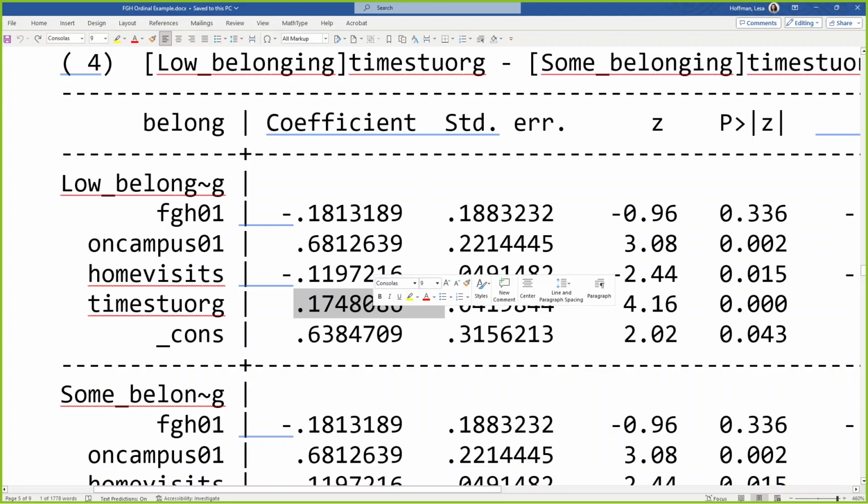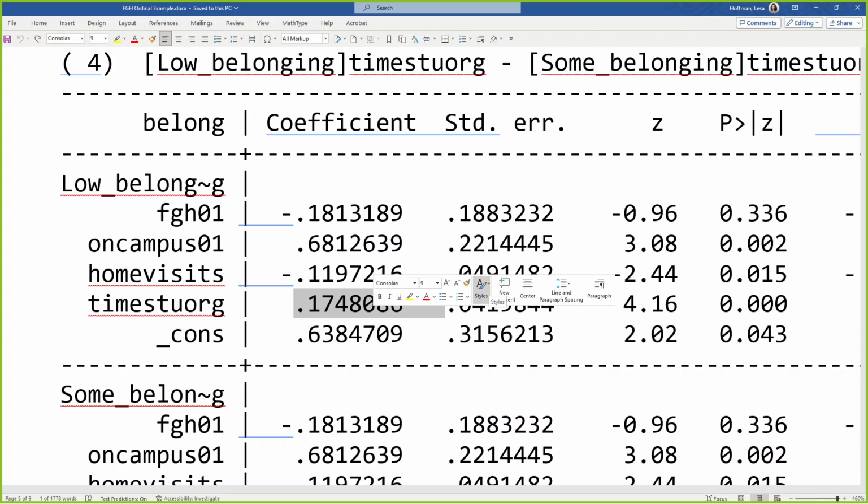And so collectively, these results indicate that maybe first-gen Hawks participation doesn't matter in the story, but living on campus matters because there's potentially easier, baked-in community, right? You've got resident assistants who might be hosting programs that are developing community within students. Home visits, you're off campus and you're not necessarily hanging out with people to create community here. And then time with student orgs, again, you're hanging out with people who share similar interests in terms of your student organization.